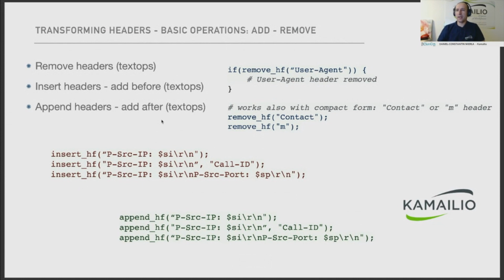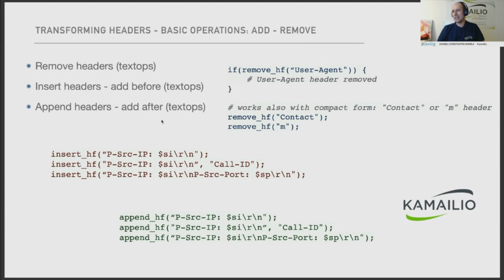And then for adding headers, we have 2 variants. Insert means add the header at the beginning or in front of another header. So if the second parameter is not provided, we'll add it as the first header, like insert_hf P-Source-IP, and then it's the variable source IP, and it will be the first header to be added.